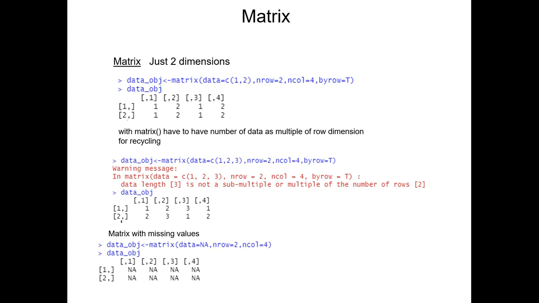You can also create matrices with missing values. And in R, whenever you have a missing value, it's coded as an NA. So in the third example down below, I'm filling this matrix with just missing values, which is designated as NA.